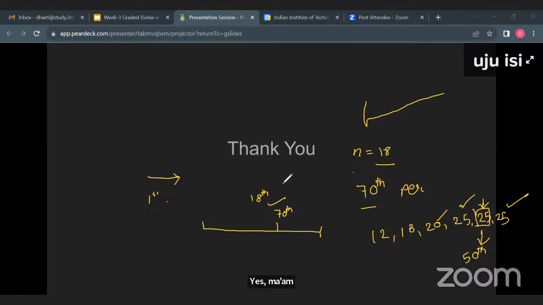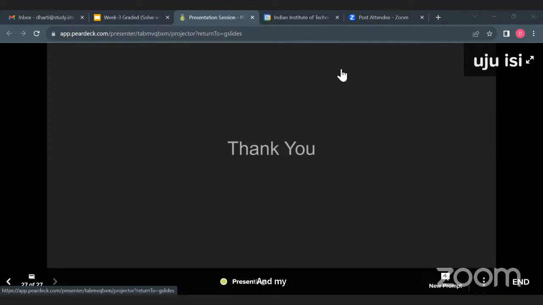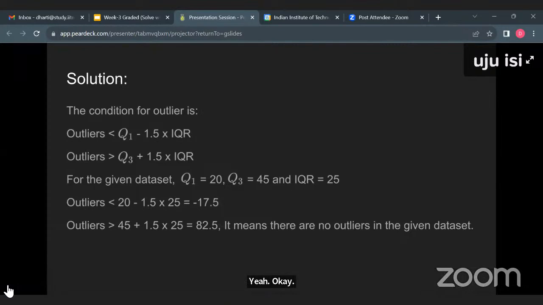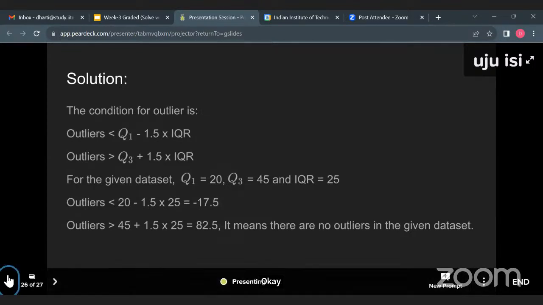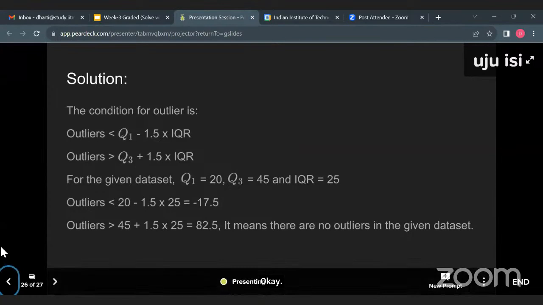Ma'am, one more question: the 10th percentile, 25th percentile, 50th percentile and 75th percentile are given, and it has asked for the median. Then the 50th percentile would be the median.